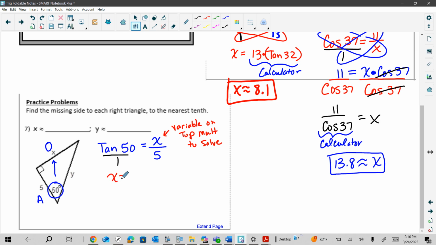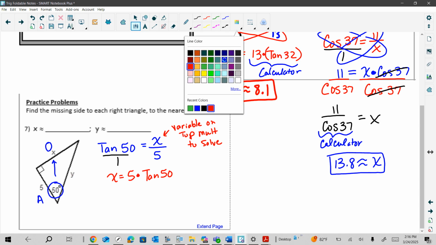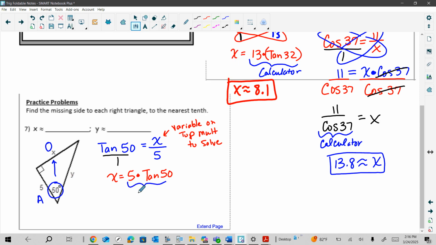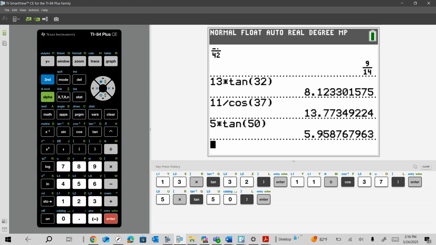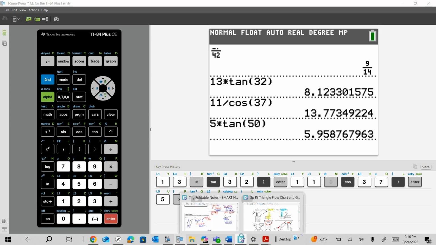So really x is going to equal 5 times the tangent of 50. And you have to remember, this is the part that has to go in the calculator to get our answer. So we go to our calculator, 5 times the tangent of 50, and hit enter, and we get x is actually going to round up to 6.